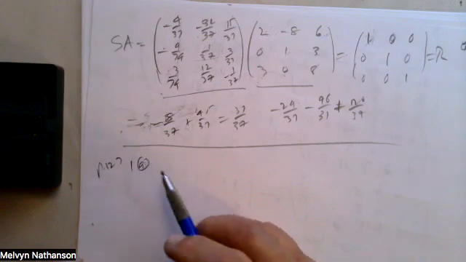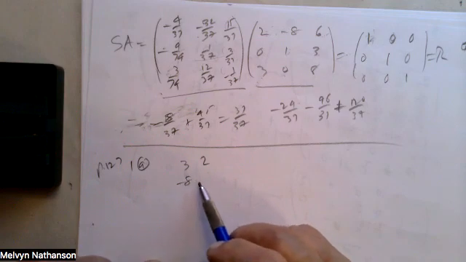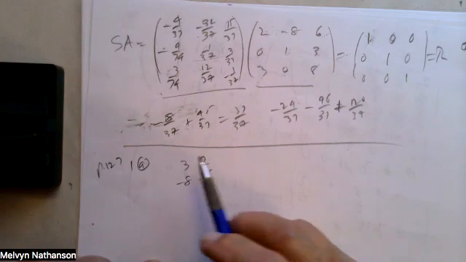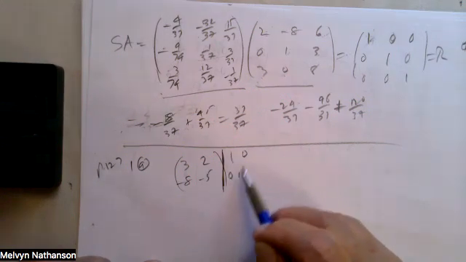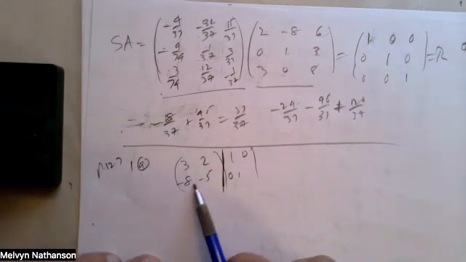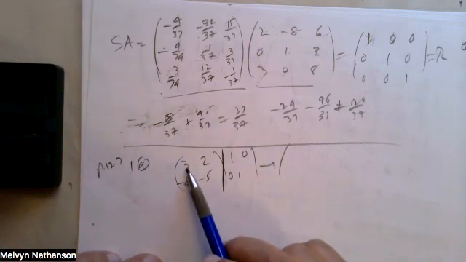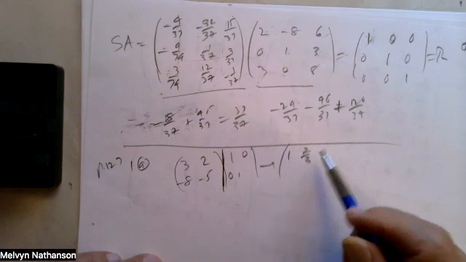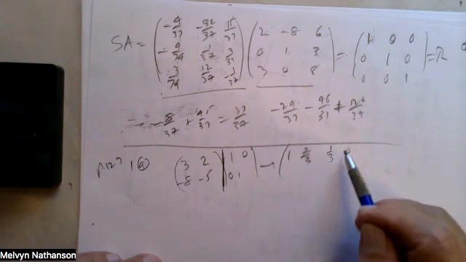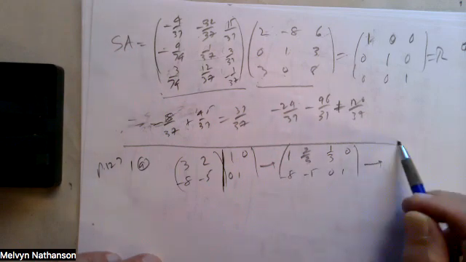So for problem 1a, we have the matrix 3, 2, minus 8, minus 5. And I want to augment this with the identity, 1, 0, 0, 1. Row reduce this matrix. So I can divide the first row by 3. I get 1, 2 thirds, 1/3, 0, minus 8, minus 5, 0, 1.